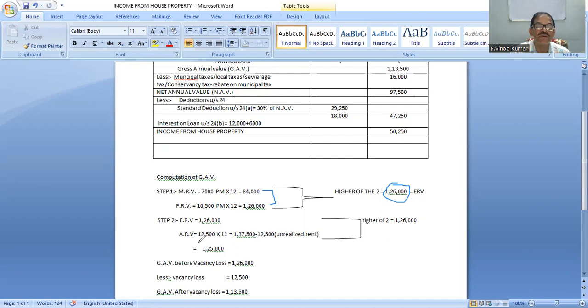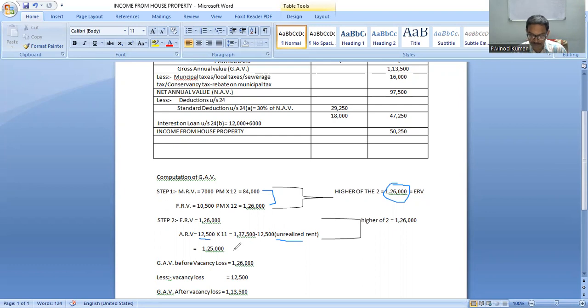So monthly rent is 12,500 into 11 months, we'll get 1,37,500. This is 11 months rent. Now out of 11 months, 1 month he has not paid the rent. That is called unrealized rent. So 1 month rent which is not paid by the tenant, that is 12,500. You have to subtract from 1,37,500 minus 12,500. You will get 1,25,000 as the actual rental value.